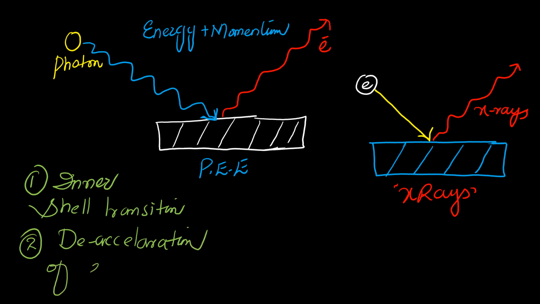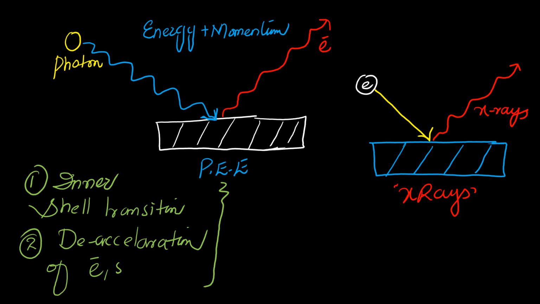De-acceleration of electrons. Now, student, please keep in mind that due to the inner shell transition as well as de-acceleration of electron from the metal surface, they basically cause a generation of two types of X-rays.